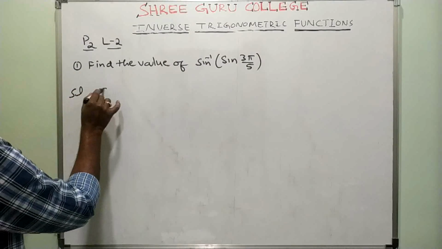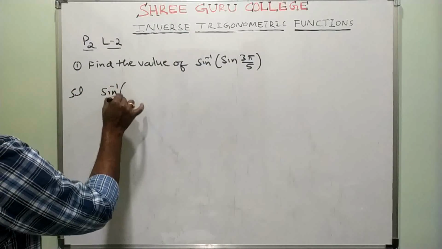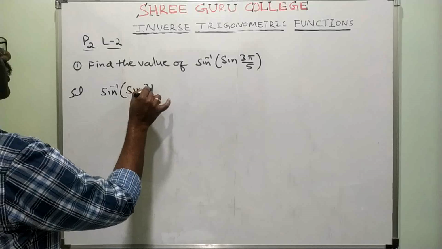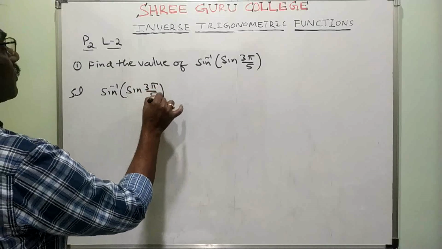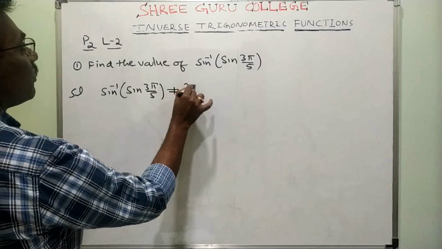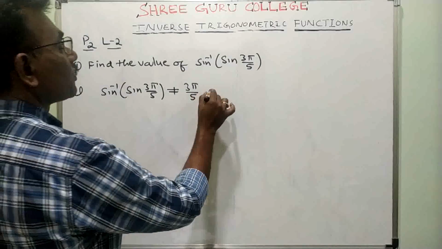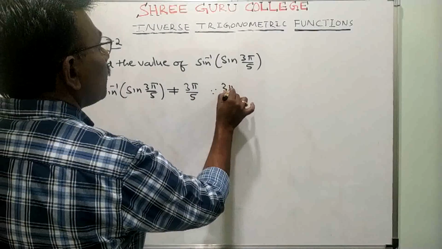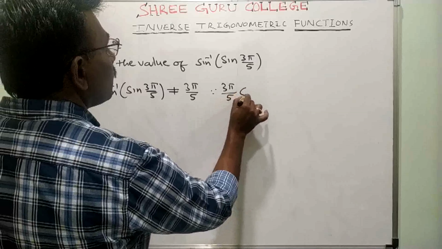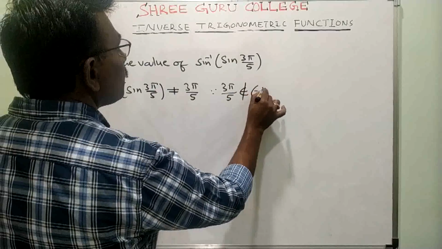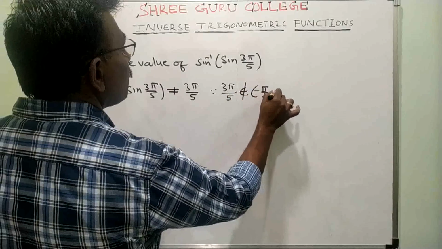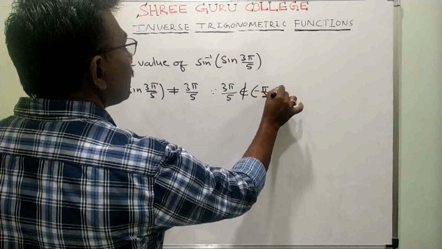Solution: sine inverse of sine 3 pi by 5 is not equal to 3 pi by 5, because 3 pi by 5 does not belong to minus pi by 2 to plus pi by 2.